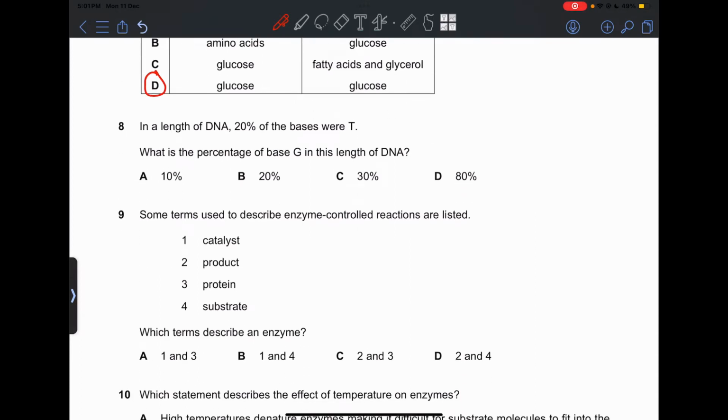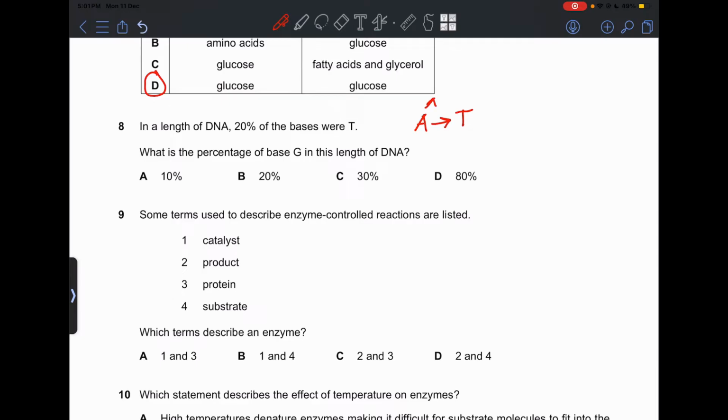Number 8, in a length of DNA, 20% of the bases were T. What is the percentage of base G in the length of DNA? So we know that A binds with T, and if there is 20% of T, that means there is 20% of A as well.